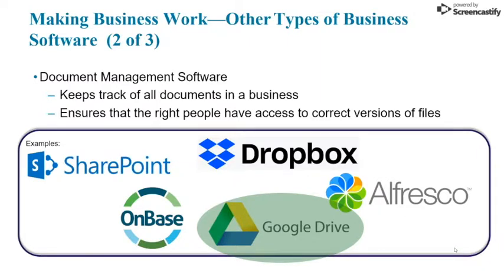Moving on to other business software, document management software such as SharePoint, Dropbox, Google Drive, Alfresco, or OnBase help keep documents in the right hands of all the required individuals.